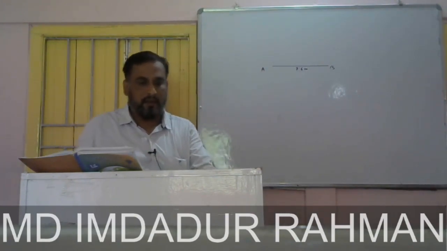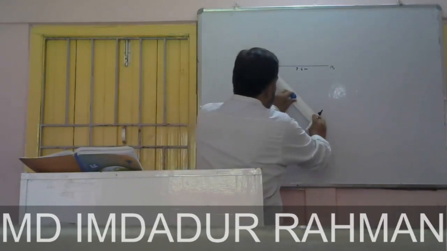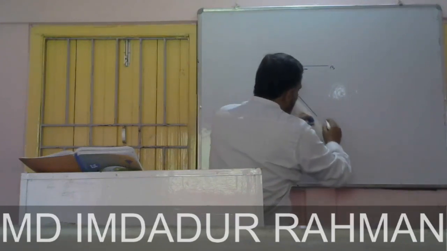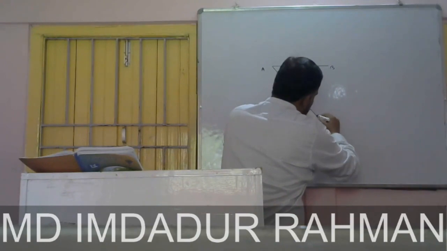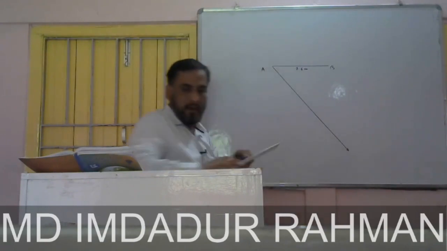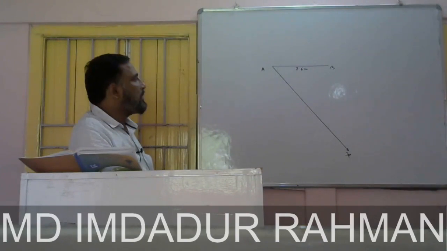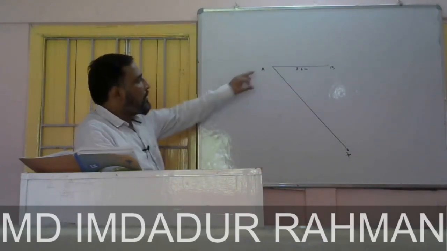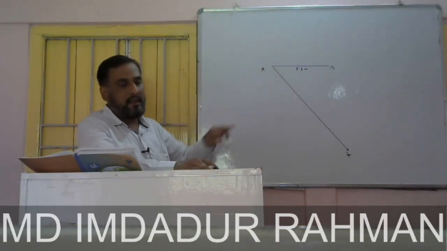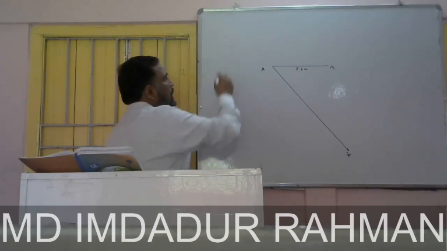Now second step is, from the point A we draw a ray AX downwards, making an angle of about 60 degree. From this point A we will divide this ray AX into 13 parts.